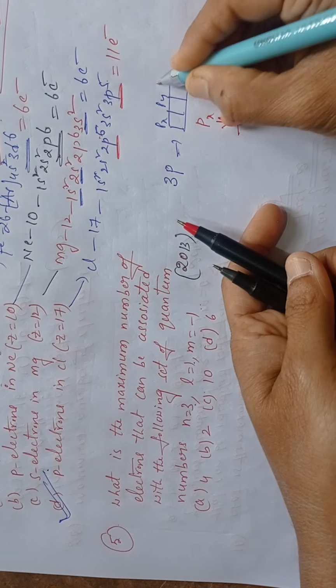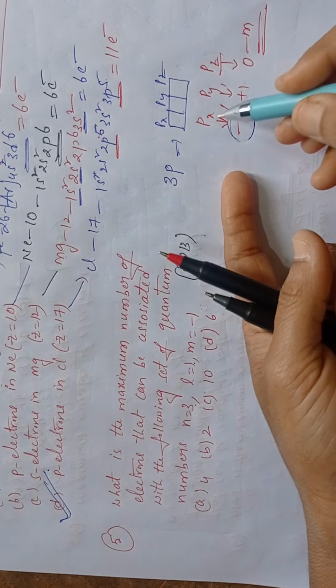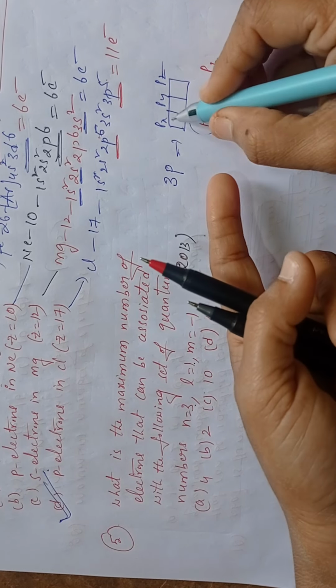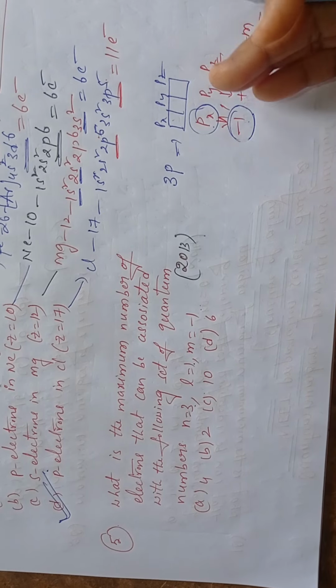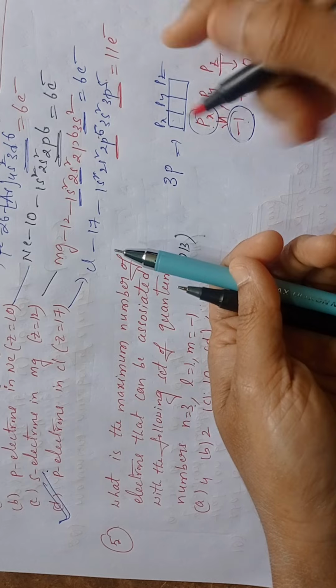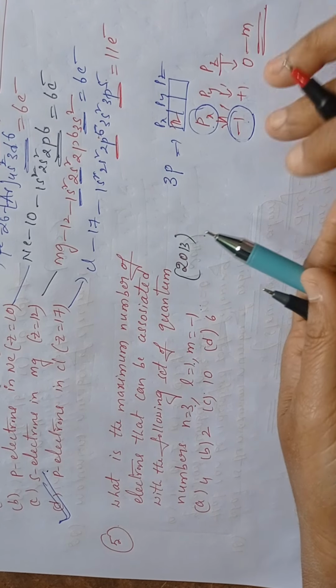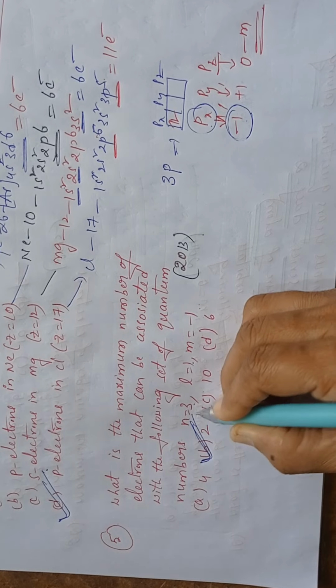This is px, py, pz. So we understood the -1 value belongs to px. How many electrons can be accommodated in the px orbital, students? Only 2 electrons. Are you clear? So 2 electrons can be accommodated. So option B is the correct answer.